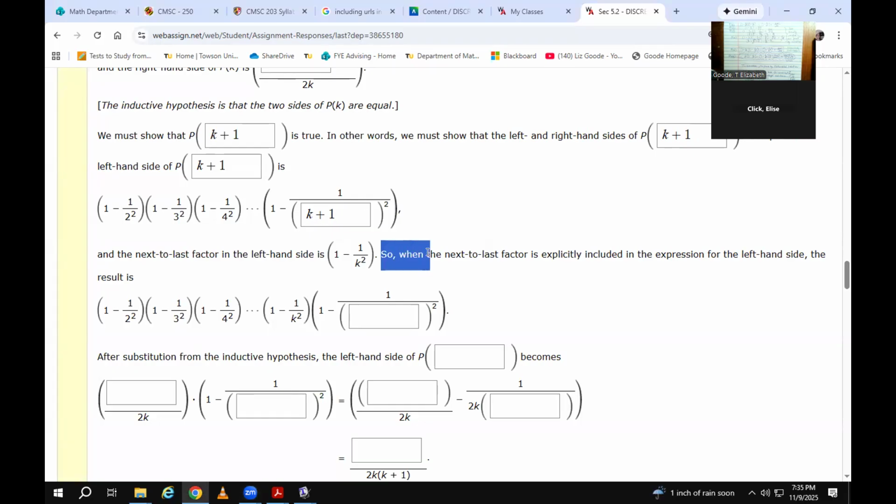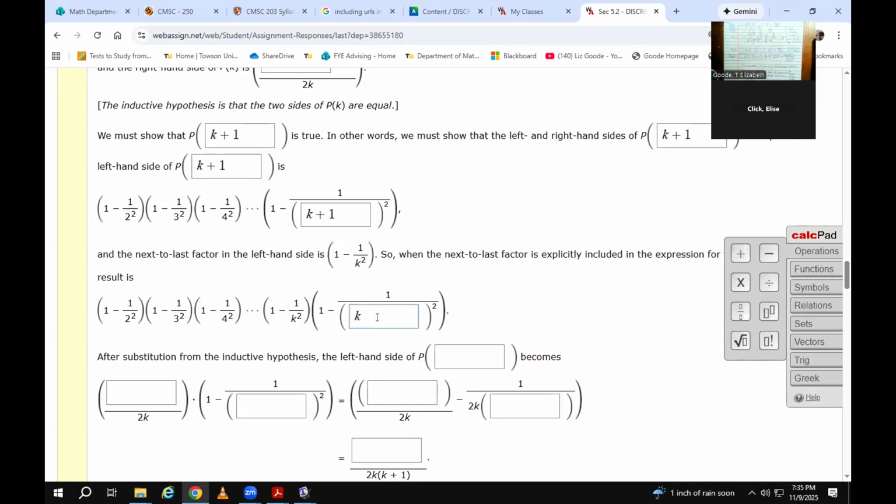When the next to last factor is explicitly included in the expression for the left-hand side, the result is 1 minus 1/2 squared times 1 minus 1/3 squared times 1 minus 1/4 squared, dot dot dot, times 1 minus 1 over k squared times 1 minus 1 over k plus 1 squared.